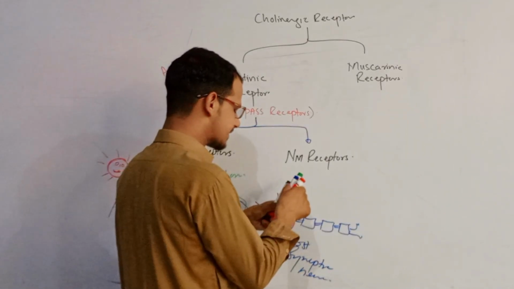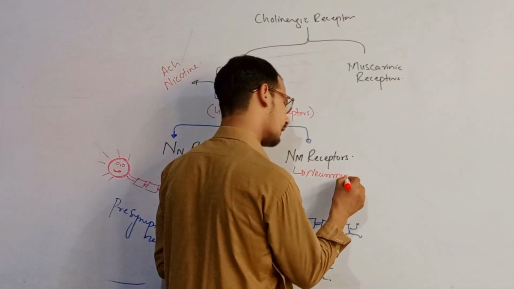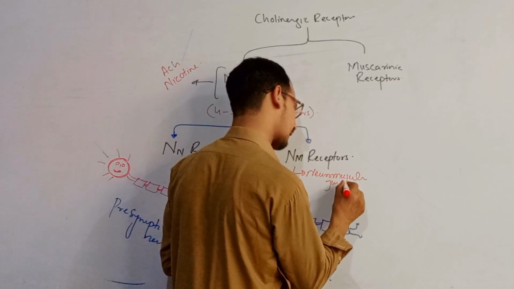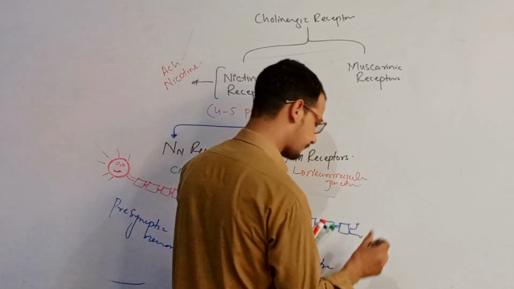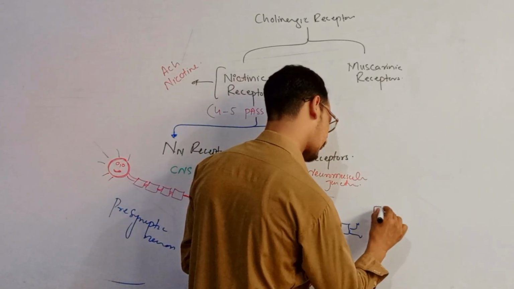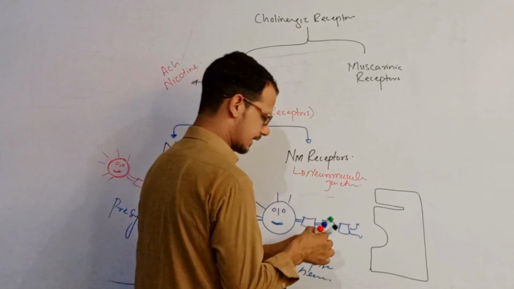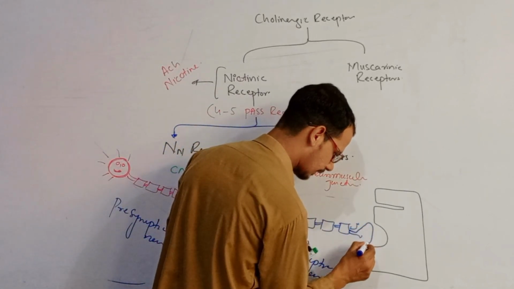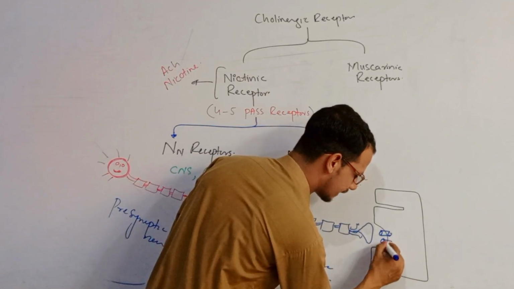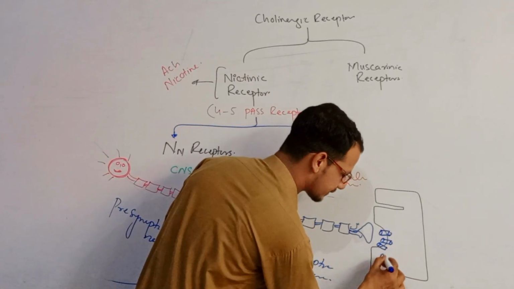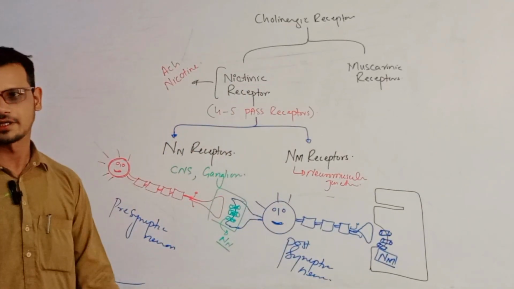And what are NM receptors? NM receptors are present in the neuromuscular junction, right? For example, this is the neuron, and here I have the muscle, and this is the terminal, and here we have a nicotinic receptor. These receptors are called NM receptors because they are present in the neuromuscular junction.